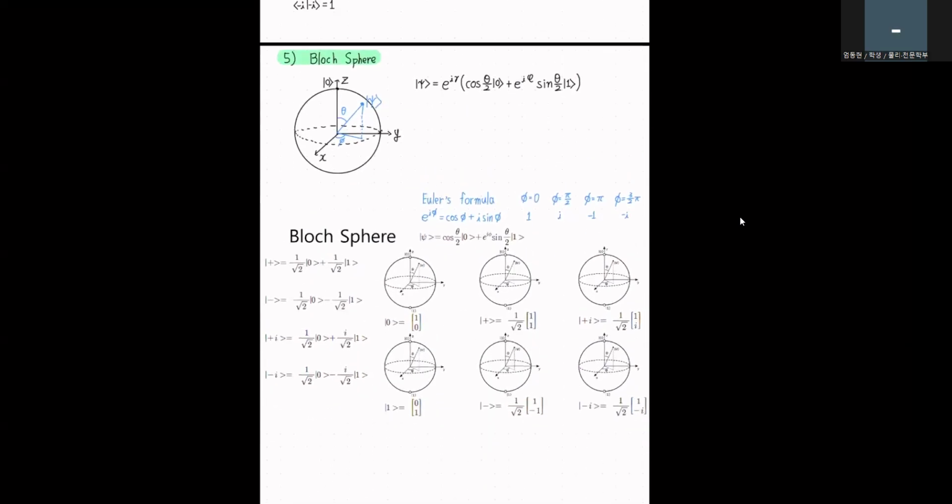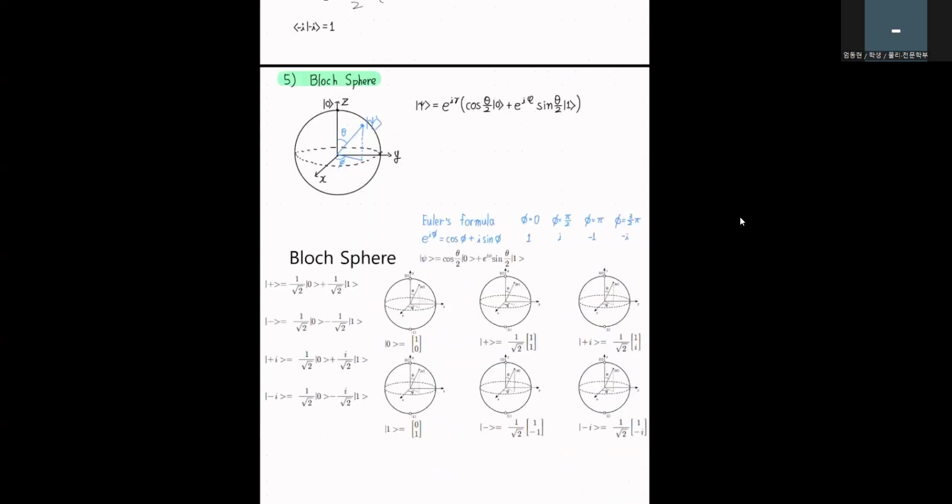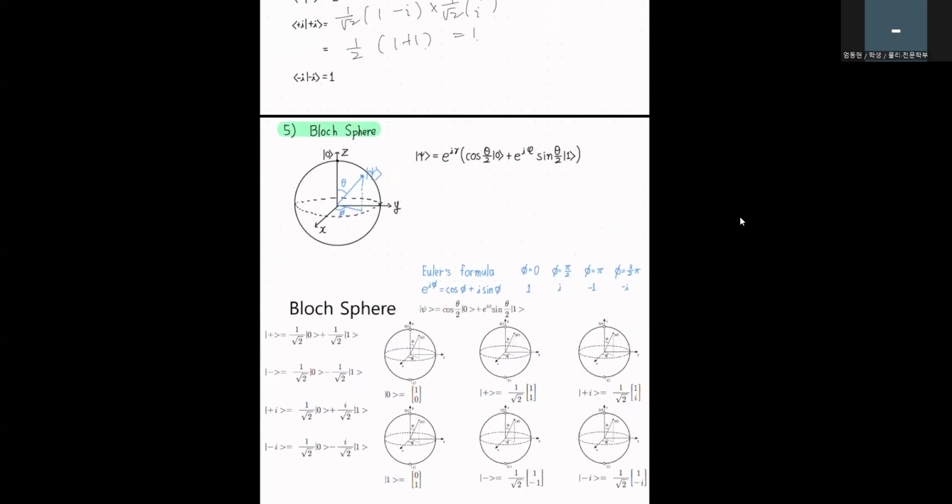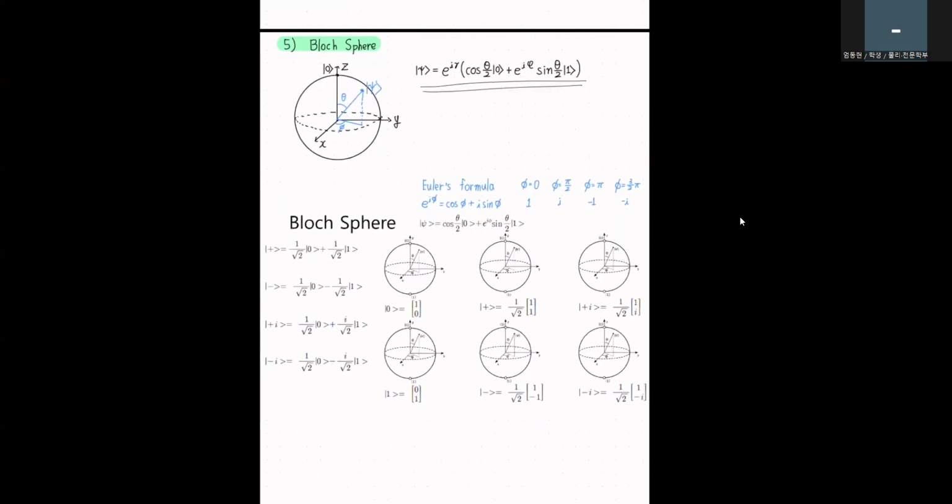So the next topic is the Bloch sphere, which provides a quite convenient way of visualizing single qubit states in superposition. You may have realized by now, the more astute of you, that the reason I chose this representation is because of the Bloch sphere notation over here.